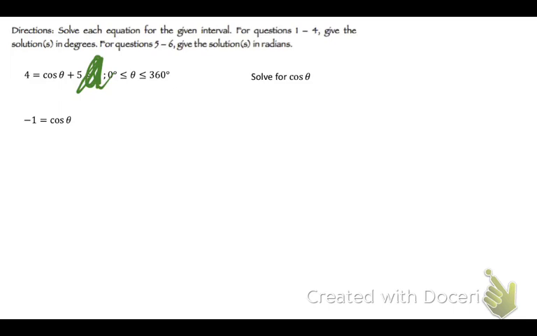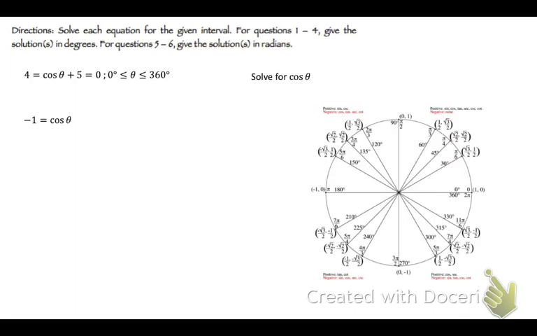Sorry, that confused me. Okay, so we have 4 cosine of theta plus 5. Subtract that 5 over and you get negative 1 equals cosine of theta. Again, we're just going to look at the unit circle. See where on this unit circle does my x equal negative 1, because cosine is your x value. That's at 180 degrees, so theta equals 180.